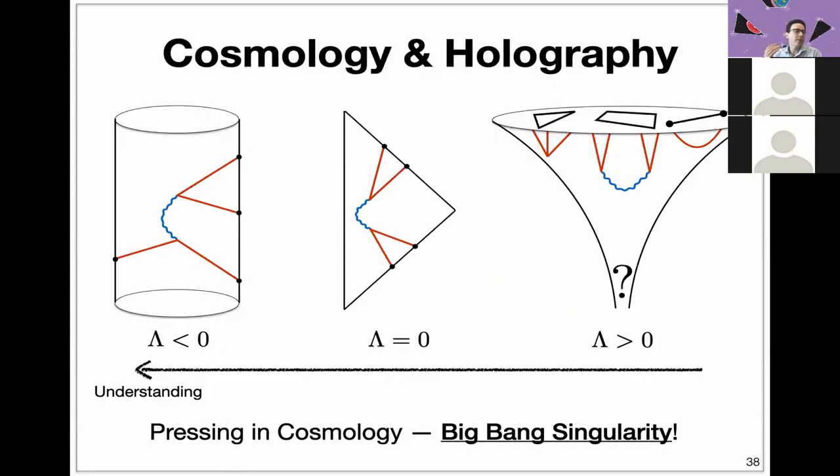So we can hope to import some of that technology to cosmology. Maybe ultimately, more ambitiously, if we really want to push our understanding of the primordial universe to the Big Bang singularity, we might try to import some of the lessons of holography in string theory, where we learn that it's very useful to anchor yourself at some boundary of space-time and ask questions there. So it's very well understood in the case of negative cosmological constants and zero cosmological constant, the whole S matrix program.